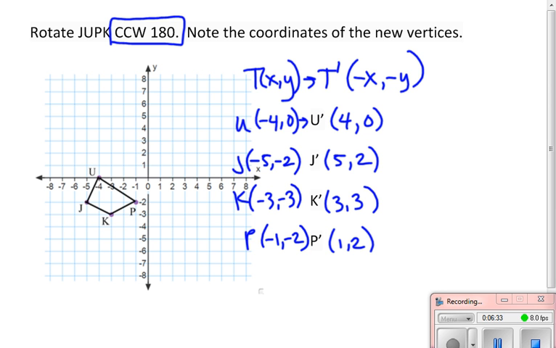When I go to graph this, I'll have (4, 0), which is going to be U prime. I will have (5, 2), J prime, (3, 3), K prime, and (1, 2) is P prime.